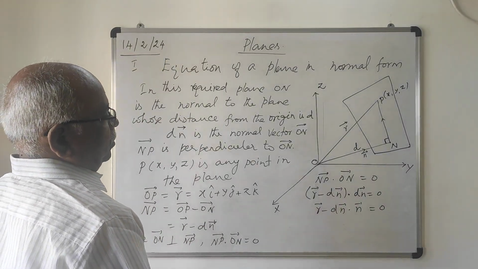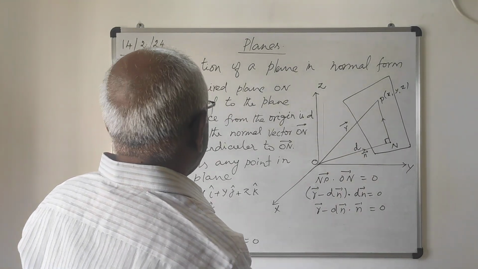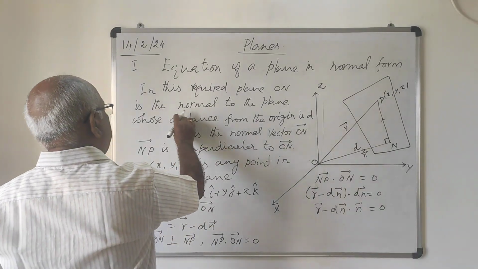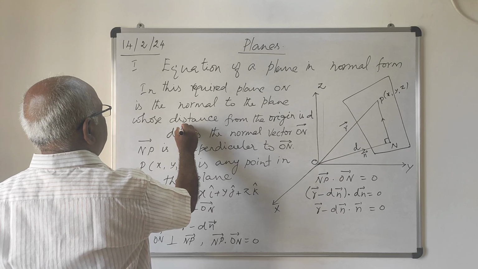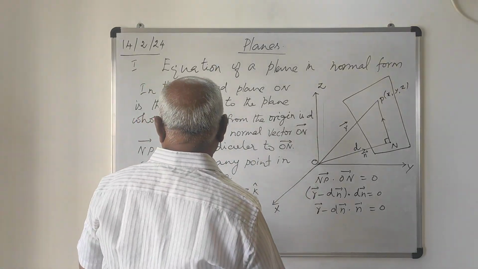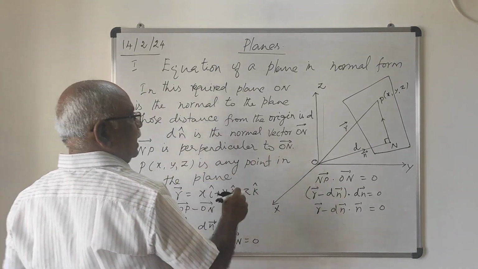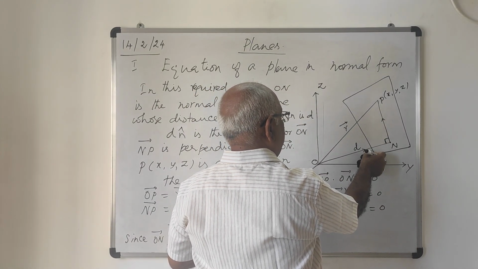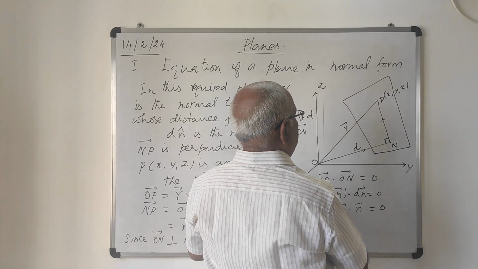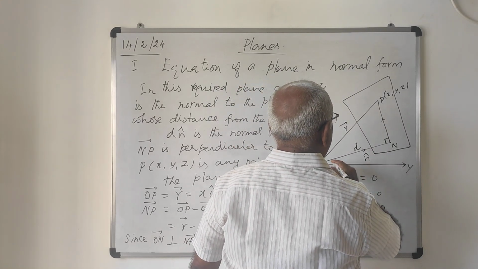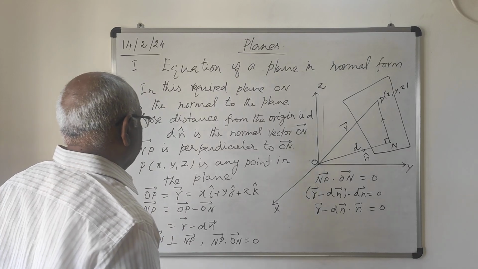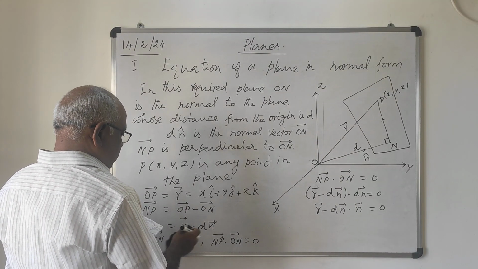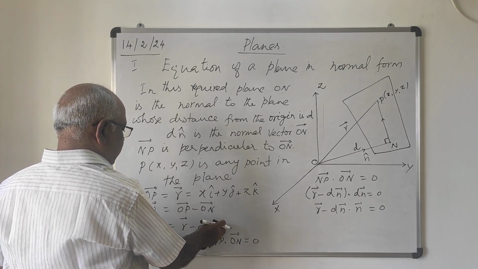Here n cap is the unit vector acting along ON, so we write n cap, not n, because n cap is the unit vector. So ON is R minus D n cap, dotted with n cap only.